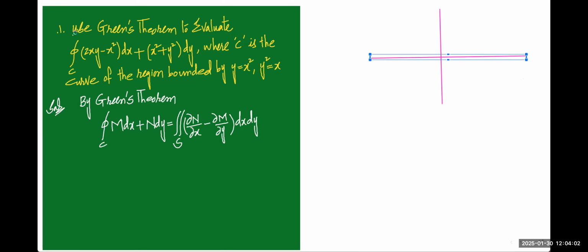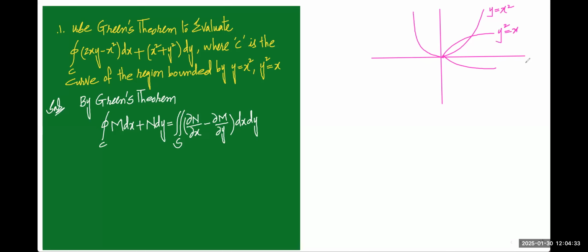Then the parabola y is equal to x square, an upward parabola, and one more, y square is equal to x.